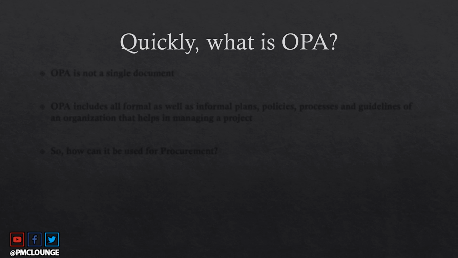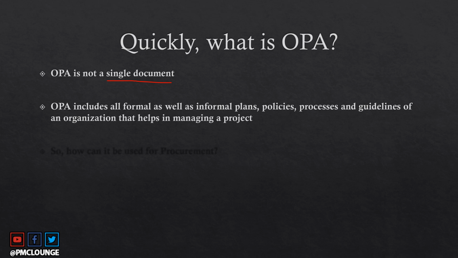So quickly, what is an OPA? OPA is not a single document. That's the first thing that you need to understand. We have already discussed OPAs and I'll share a link, the third link in the description, to a dedicated video on OPA. But I'm quickly reminding you here that organizational process asset is not a single document.